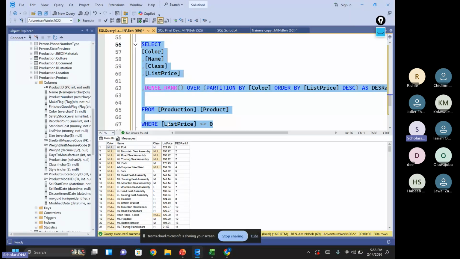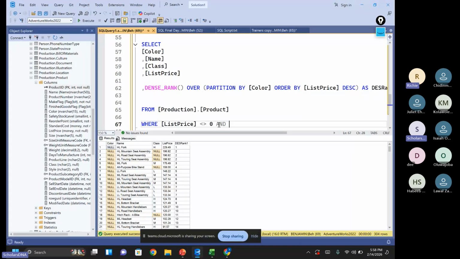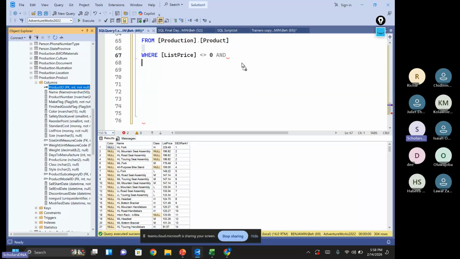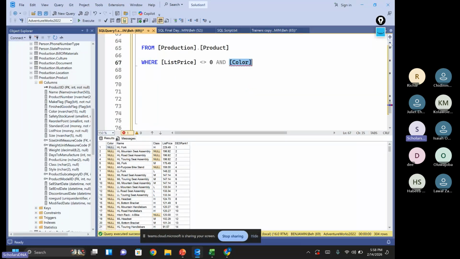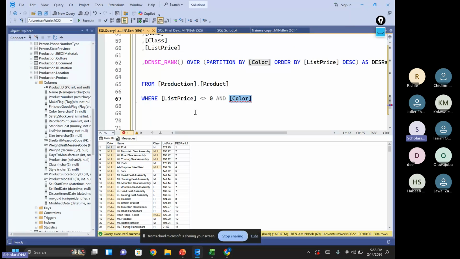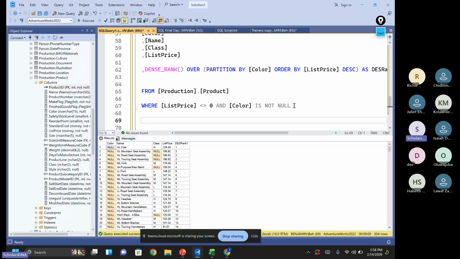So let's take away the null color with a where clause: color is not null. Remember, for those who did this work, it's not null. So we're trying to remove the null value so that we don't have null in the records.